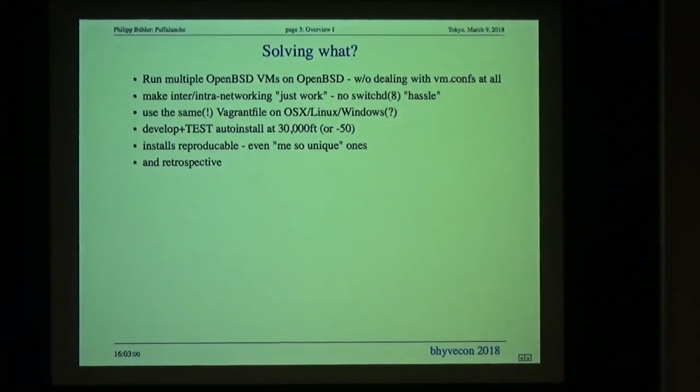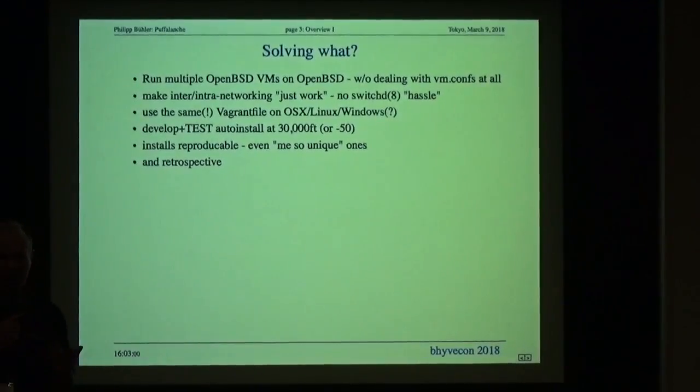And the other thing is, by this abstraction, if you are working on an OpenBSD laptop and your coworker is using OS X or Debian Linux, then you have a problem, because you cannot port easily your VMM configuration to a VirtualBox configuration. But with Vagrant, you are abstracting that and can run exactly the same configuration.